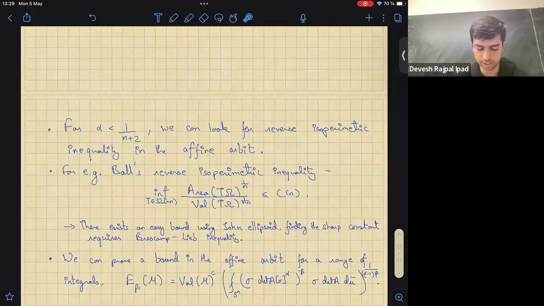And there is a known example of this kind, which is called Ball's reverse isoperimetric inequality, which states the following. If we take the ratio of area raised to 1 over n over volume raised to 1 over n plus 1, we know this has a lower bound, which is the classical isoperimetric inequality.